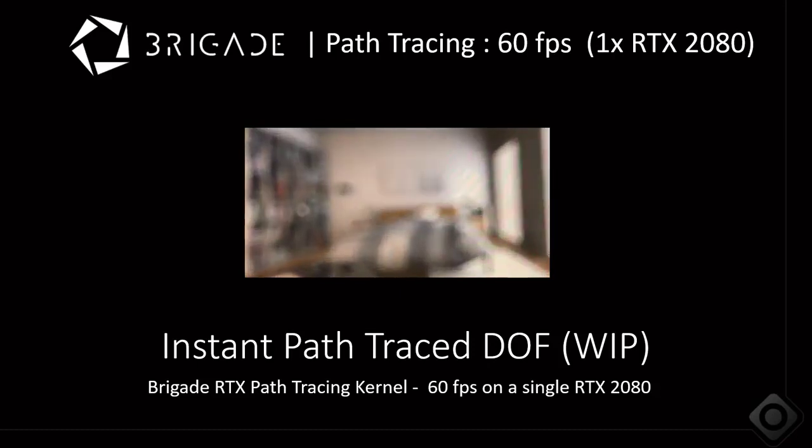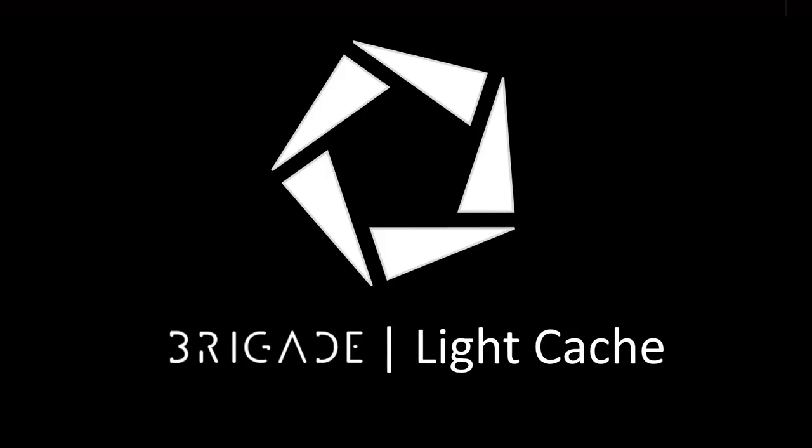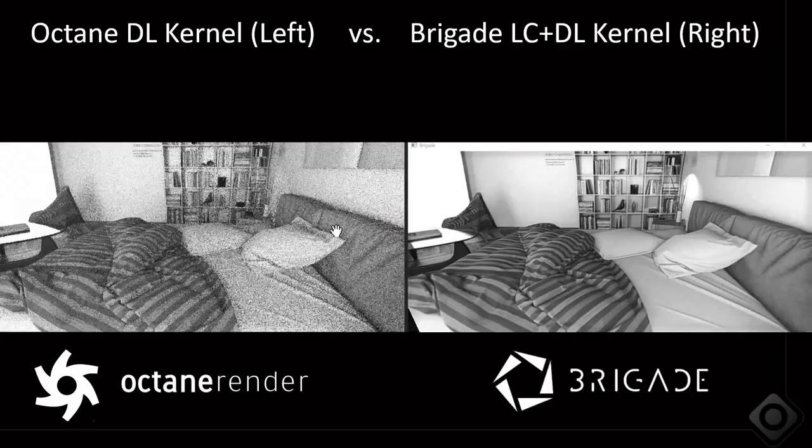We had some AO modes we didn't even bother showing. They're not any faster and they don't look as good. But one thing we are adding in Brigade is a connection to the PPM kernel output that I showed earlier, basically a radiance cache, baking, if you want to call it that. So being able to run Octane in the background to bake GI, for example, as well as caustics, and feed that into Brigade is valuable.